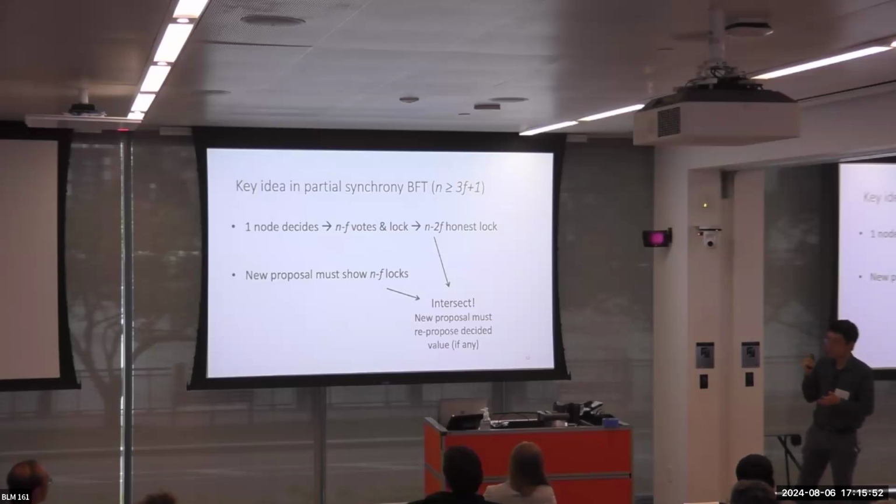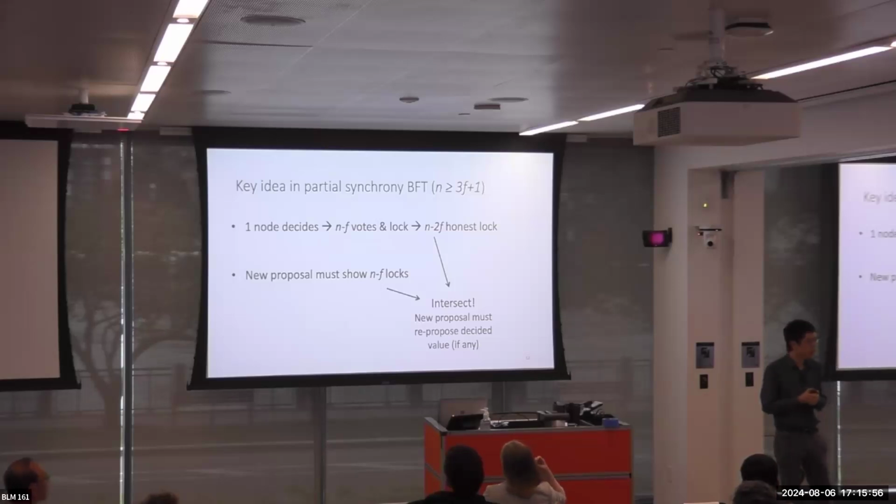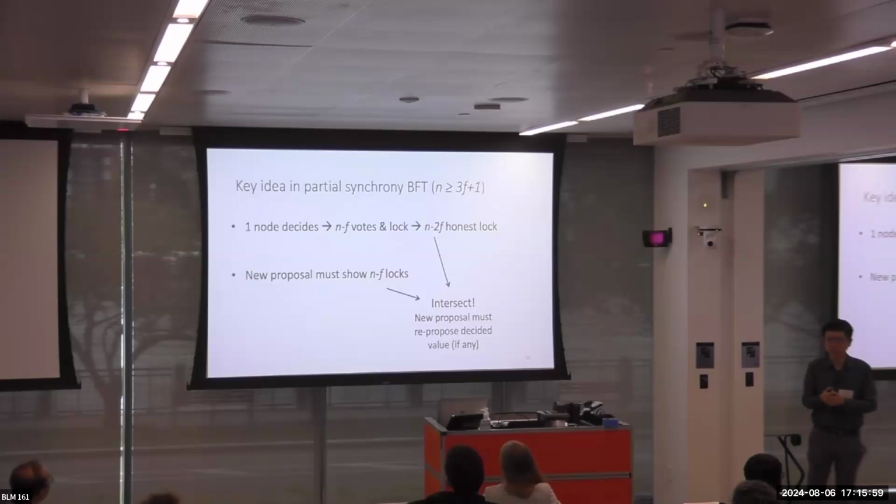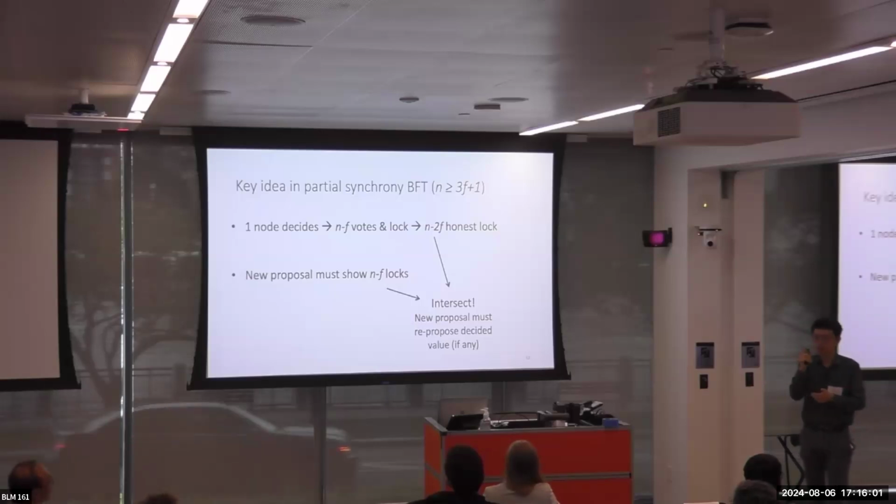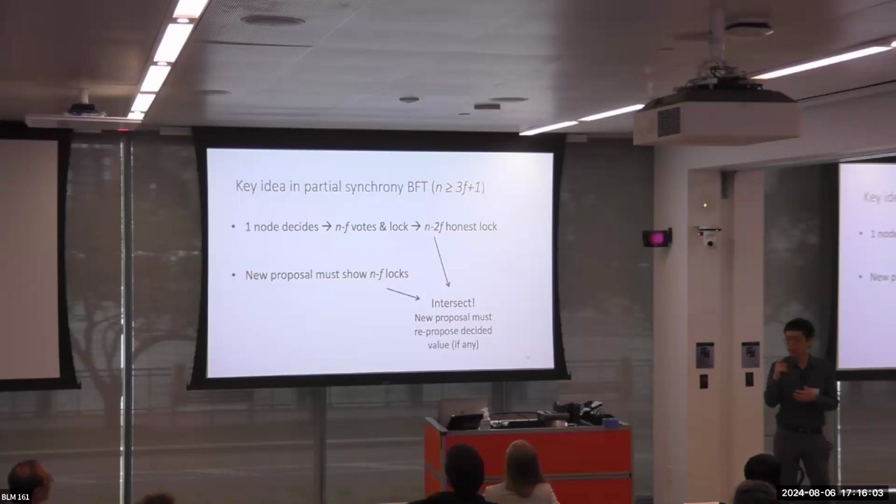They intersect at least one node if n is at least 3f plus 1. So that one node intersection will make sure that whatever decision has been made is reproposed in the new proposal.